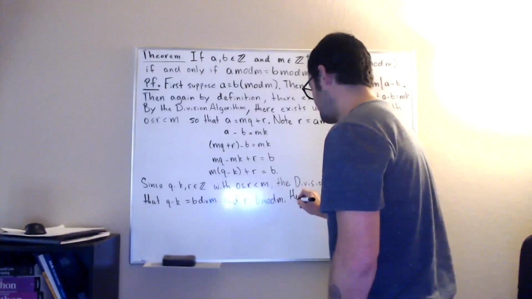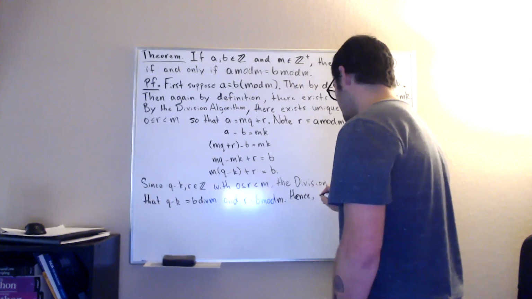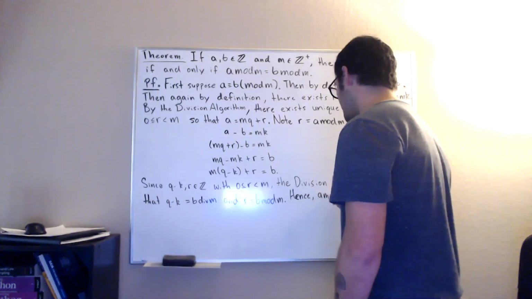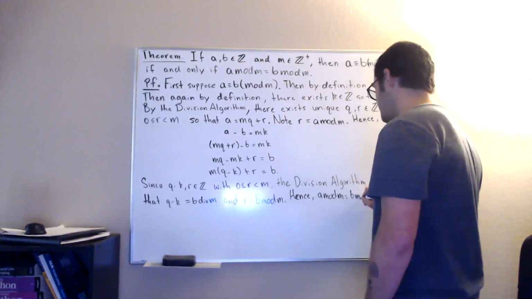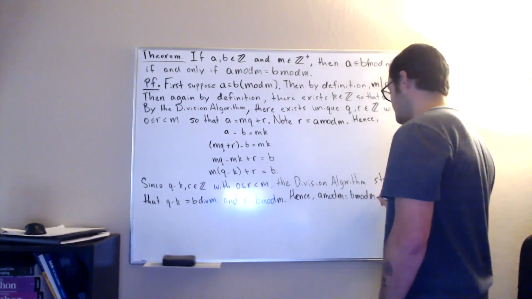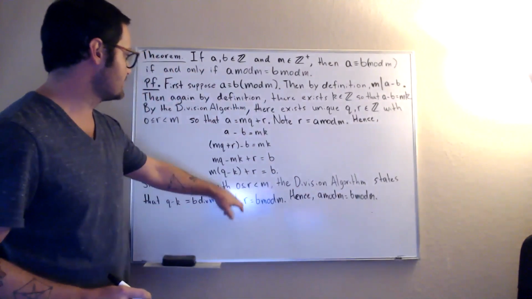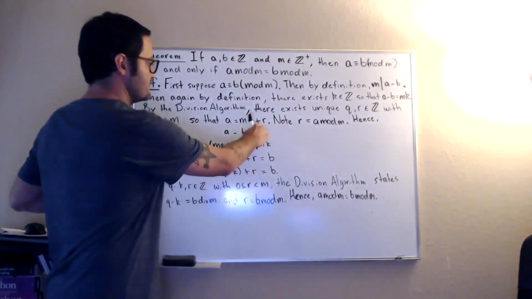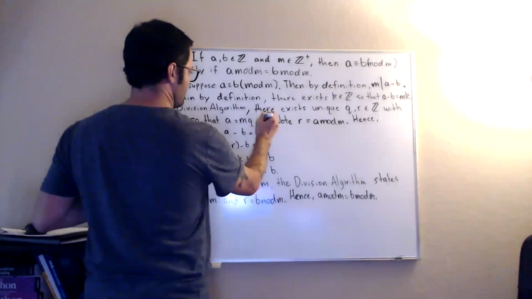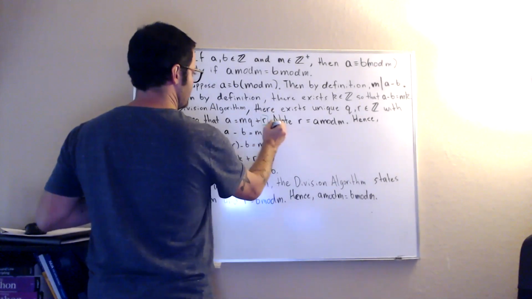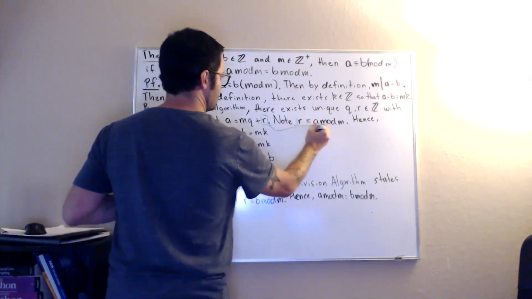Hence, A mod M is equal to B mod M. Because R was the remainder here, right? This R right here, that's this right here.